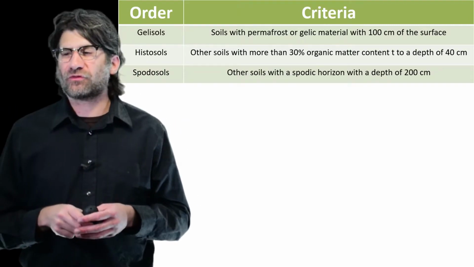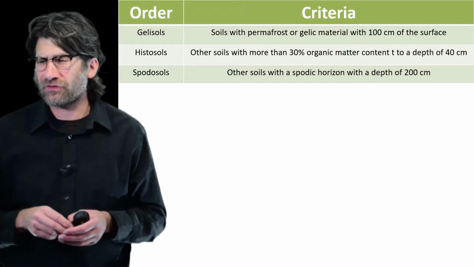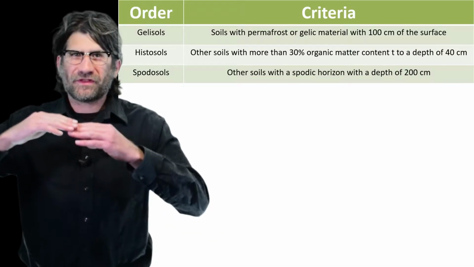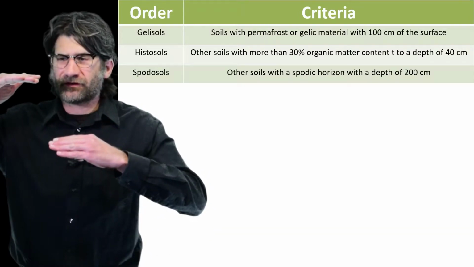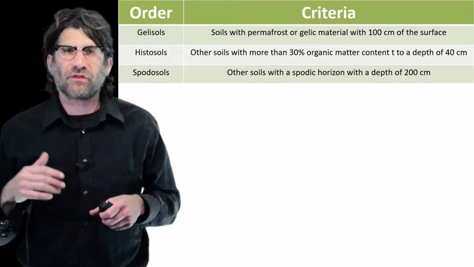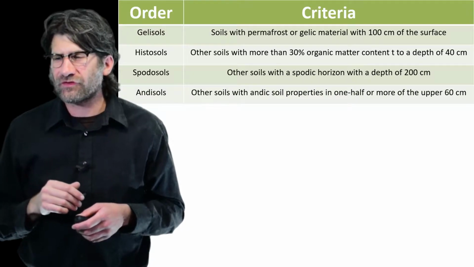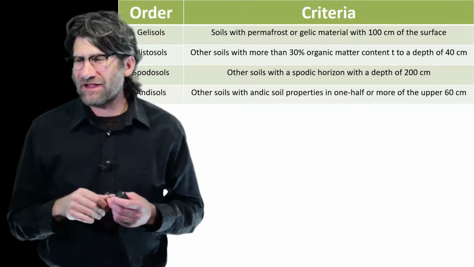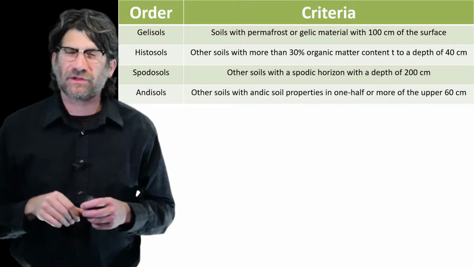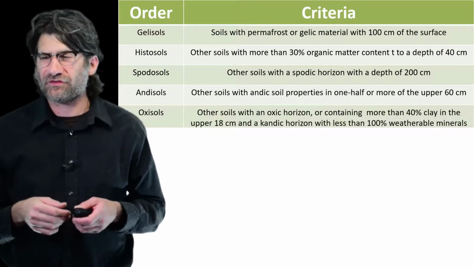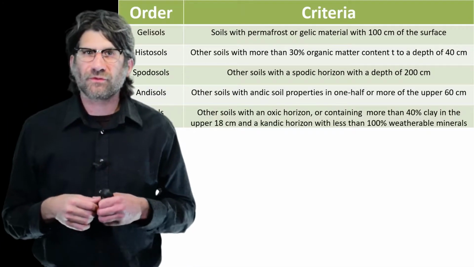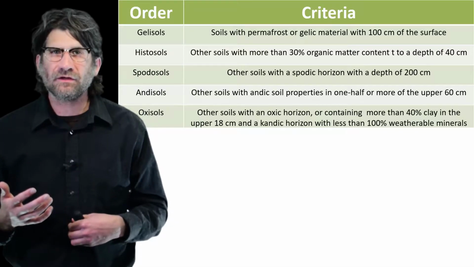Below that are spodosols. We'll talk about what these are. They have a spodic horizon. These are going to be associated with those big E horizons and cold regions and forests. Andisols have andic properties, so these are going to be associated with volcanic processes. Oxisols, where we see extreme weathering.